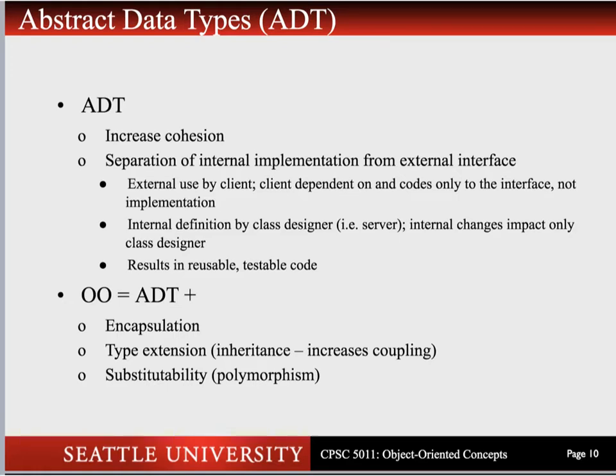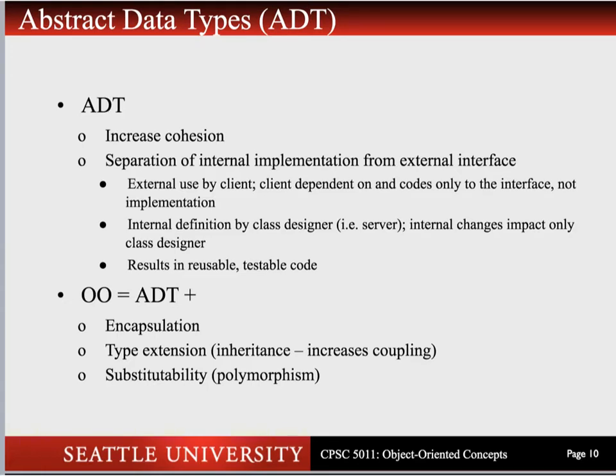So the external use by the client is really important, because the client is not concerned with the implementation details. The client is dependent on and codes only to the interface, not to the implementation. For the stack, for example, all the client knows is the public functionality of the abstract data type. For example, the constructor is publicly defined and accessible to the client, and so the client can create a new stack instance.